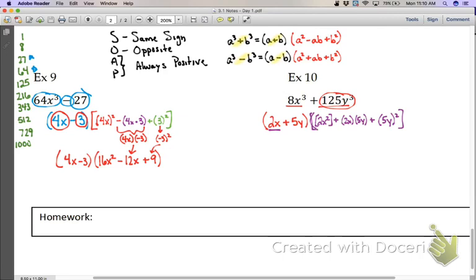So the front side of my problem doesn't change.